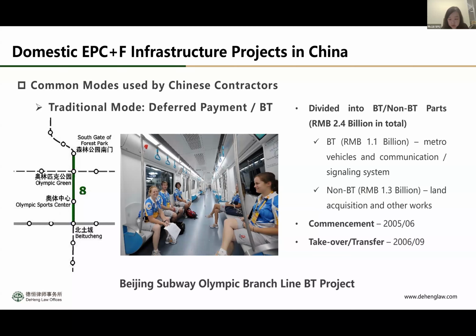This work started in June 2005, and the takeover and transfer happened upon completion in about September 2006.